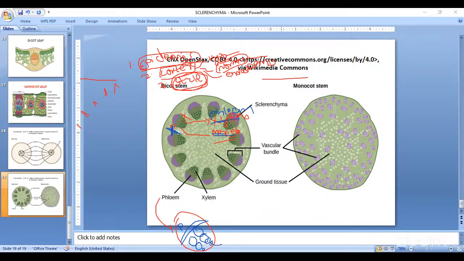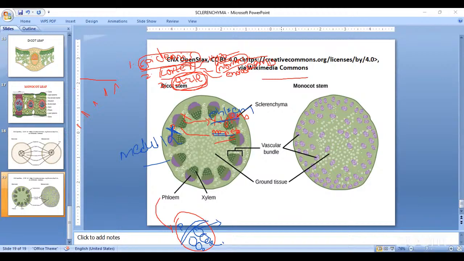This is protoxylem, this is metaxylem. And still another part in dicot, the center medulla is present. Medulla or pith is present in dicot stem. Right? This is about dicot stem.